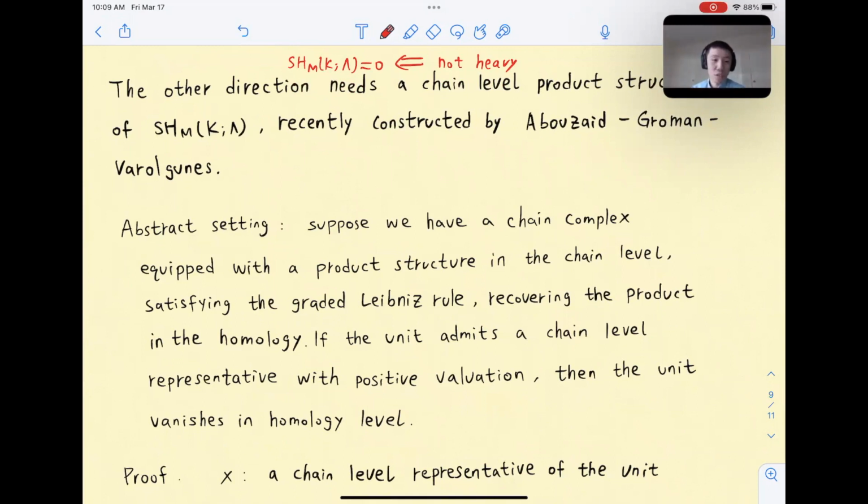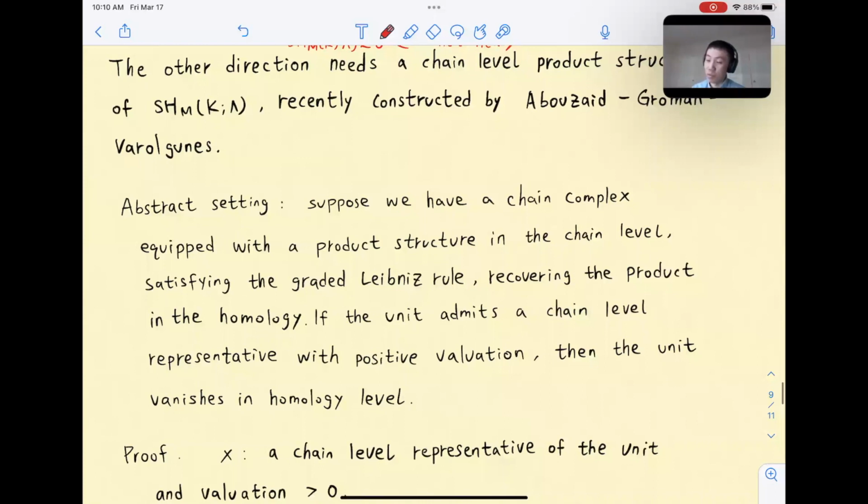Since I feel this abstract setting is general, one can also apply this abstract proof to other theories, in particular Lagrangian Floer theory. In the Lagrangian Floer setting, we already know there is a chain level A infinity algebra under some conditions, and this Lagrangian setting also satisfies this abstract formalism. So I expect there may also be applications on the Lagrangian side.